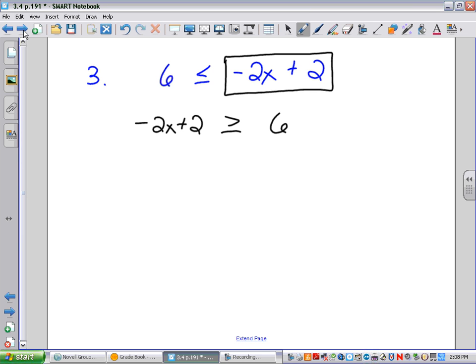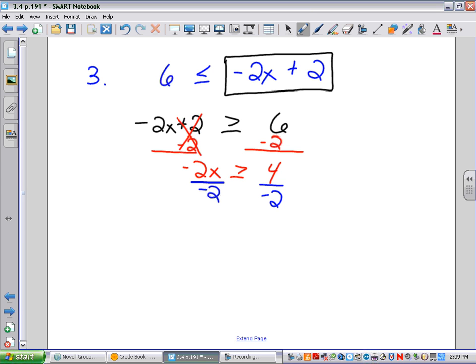And now we're ready to solve. We're going to subtract 2 from each side, which we've done a lot. So mark out your opposites. Negative 2x greater than or equal to 4. And then I'm going to divide by negative 2.